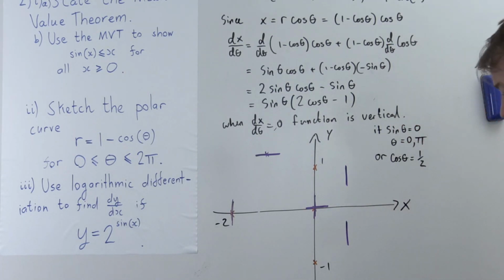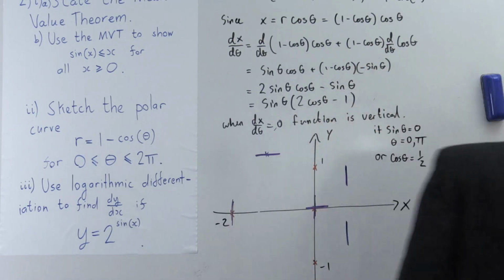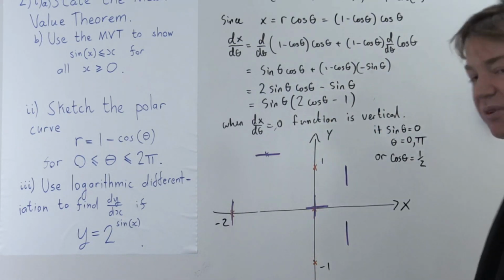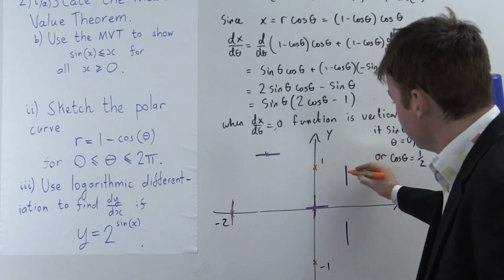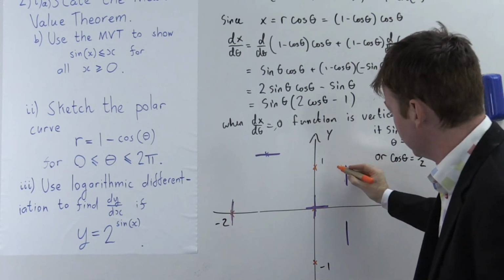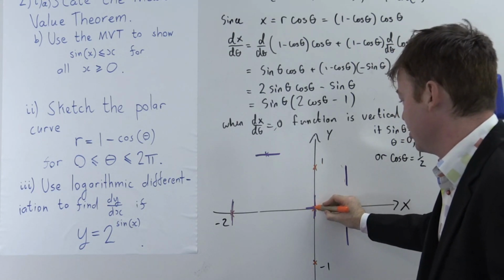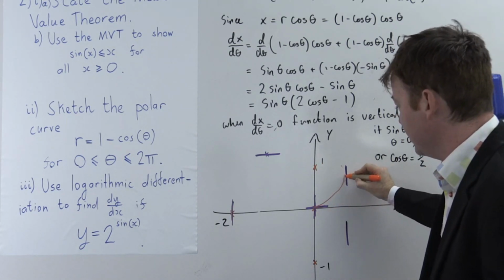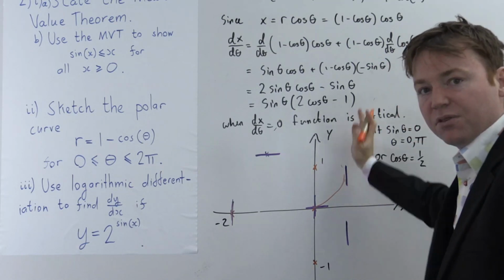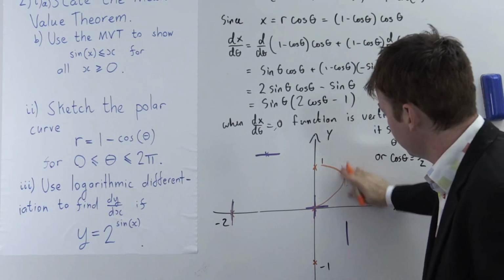And now I can actually draw this thing. There's my orange. I've got some idea about what's going on. The function's going to be flattish here. Well, it has to be vertical here. Let's start here. This is going to be a problem. It's going to go up. At some point it's going to be vertical, like a vertical asymptote. And then it's going to come around and go through there.